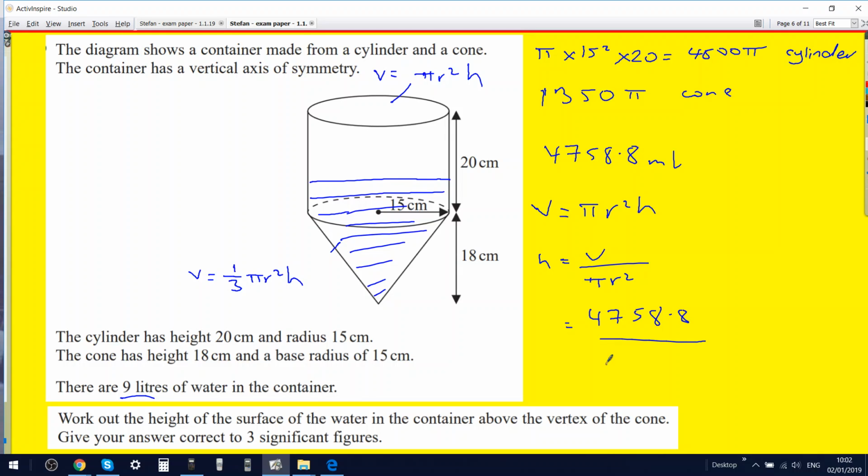And then the volume is pi times 15 squared. Yeah. And then do I just put that in my calculator? Yep. That's it.